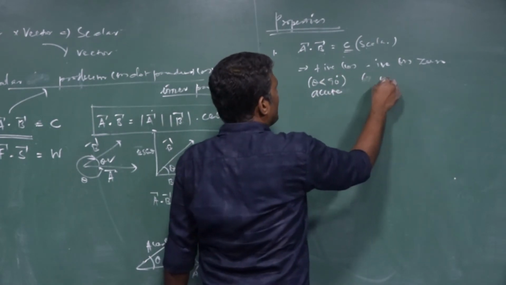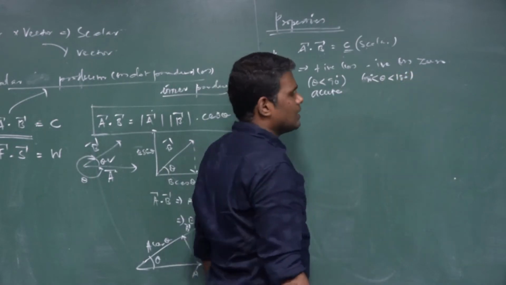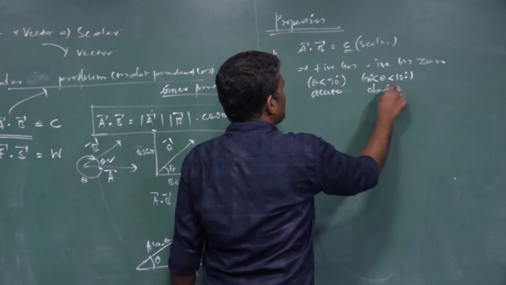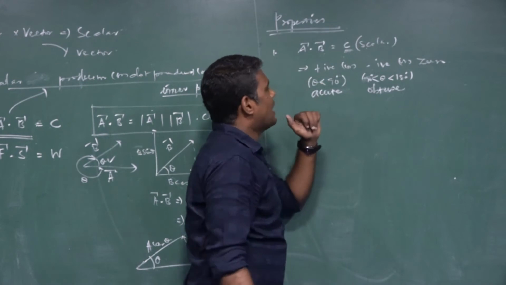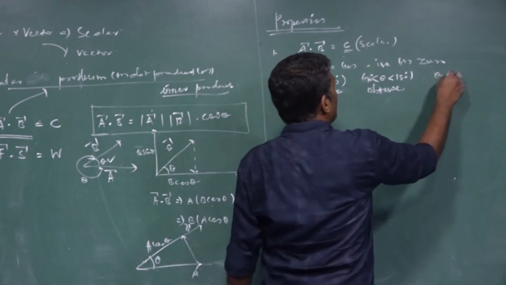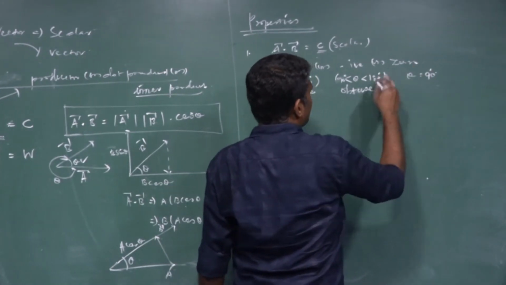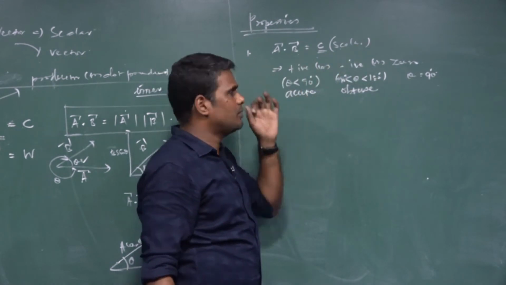Then the value of theta must be greater than 90 degrees and less than 180 degrees, which means if it is an obtuse angle, then the scalar quantity will be negative. If the value of theta between the two vectors is 90 degrees, then the dot product of these two vectors will be equal to 0.